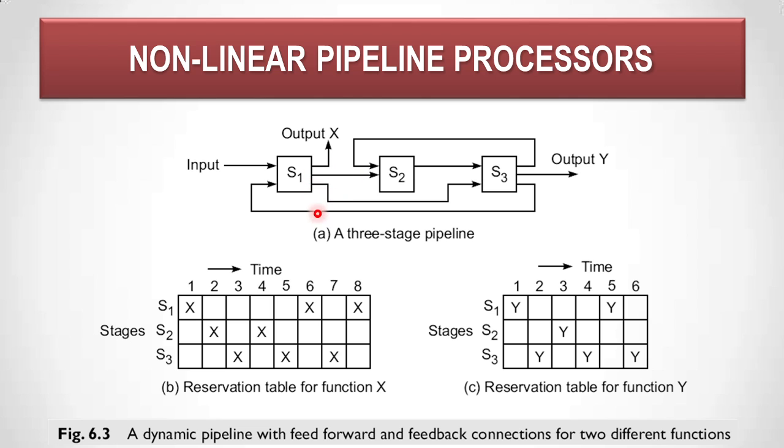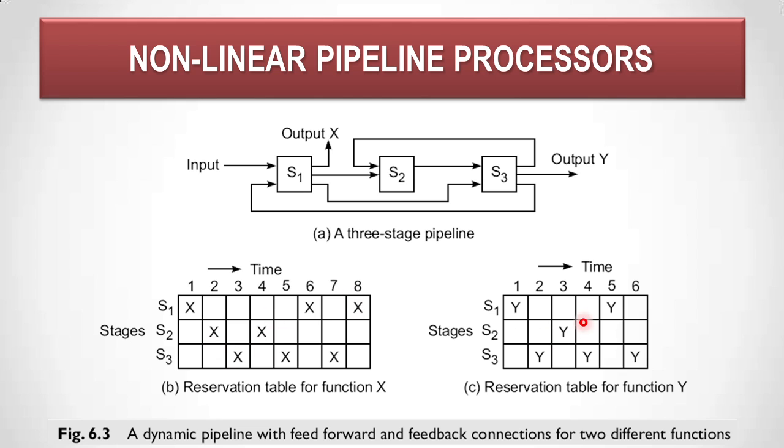This is a reservation table for function x and a reservation table for function y. Here we see that in clock cycle 1 we are executing S1 and in clock cycle 2 S2, so this is not linear in fashion.